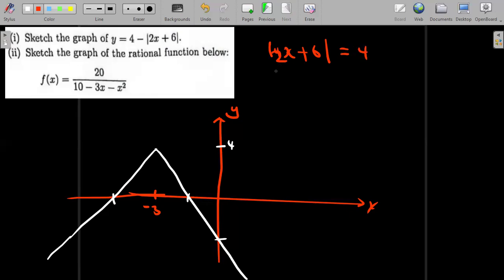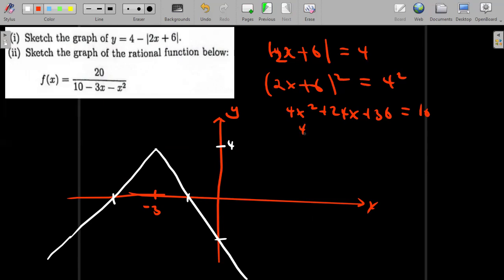So you square both sides like this, and expand throughout, you get 4x squared plus 24x, then plus 36 is equal to 16. Group that, you get 4x squared plus 24x plus 20 is equal to 0.